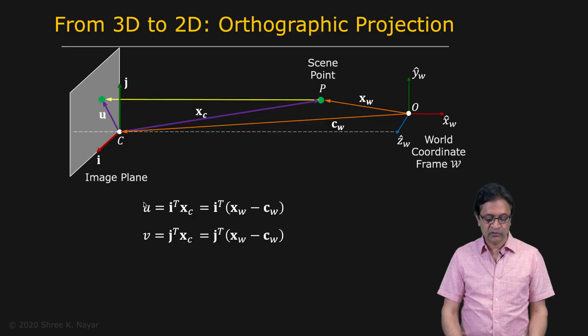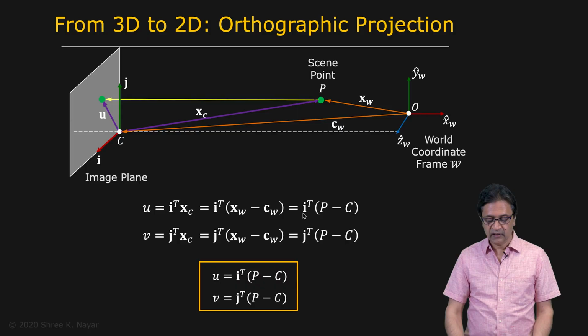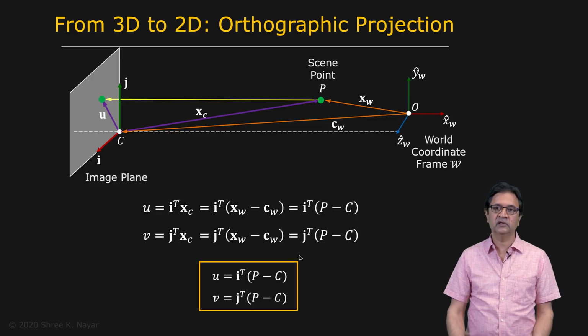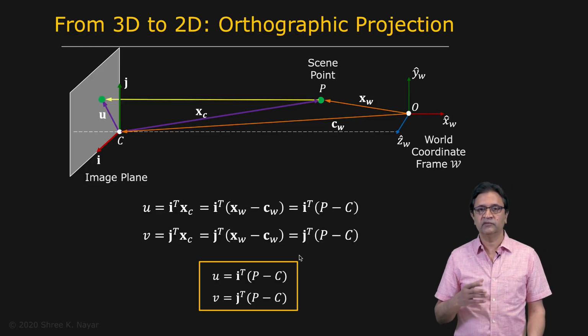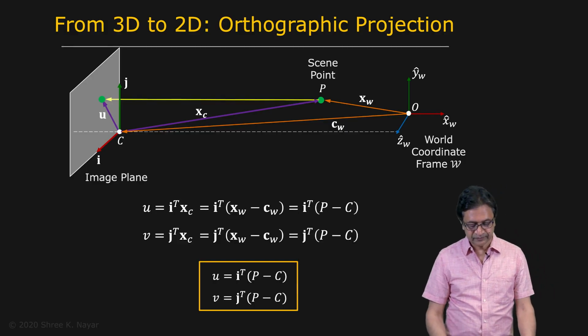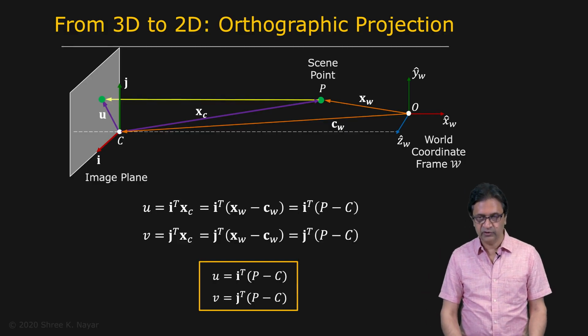That gives you the image coordinates u and v. And that can be written as follows. I transpose the point P in 3D minus the point C, camera center, and the same for v right here. So these two expressions right here give us the orthographic projection of any point in the scene to the camera. You go from 3D to 2D.